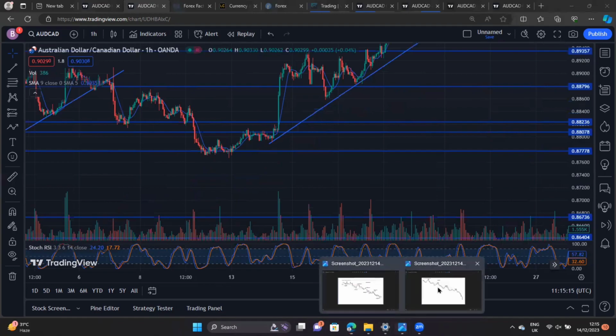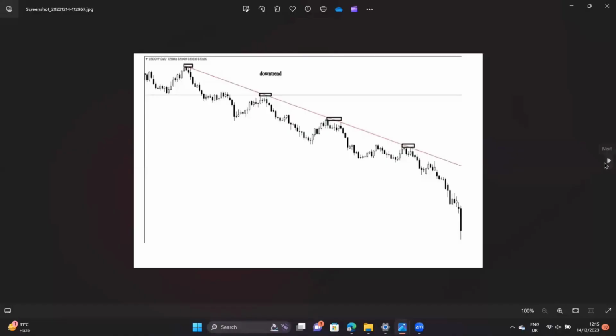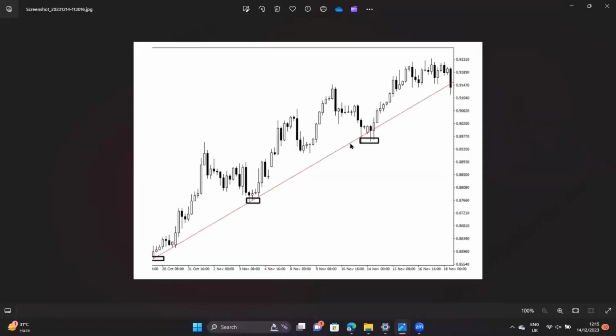This is what a trend line looks like on a downtrend, and this is what it looks like on an uptrend. Connecting two or more swing points can automatically give you a good support or resistance trend line.